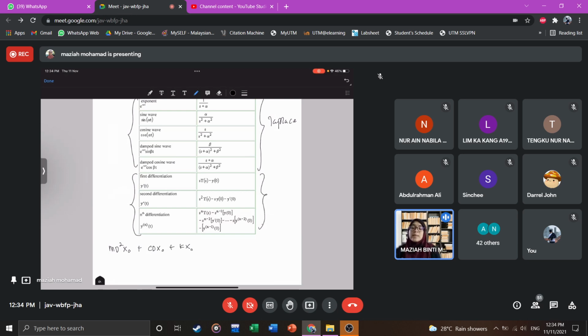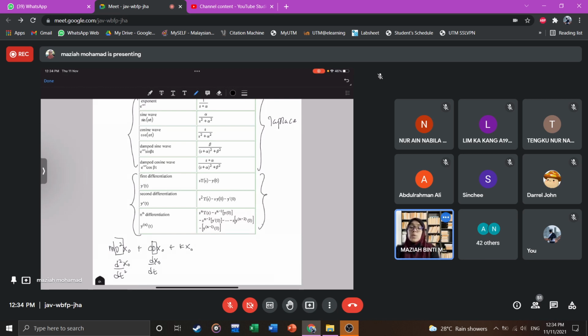You can see there is first differentiation, because d here is d over dt, and d square here is the second differentiation, d square over dt square. And then this is just a constant.